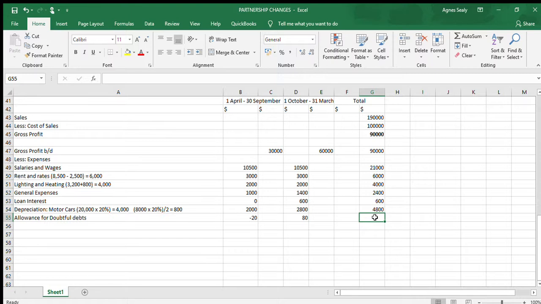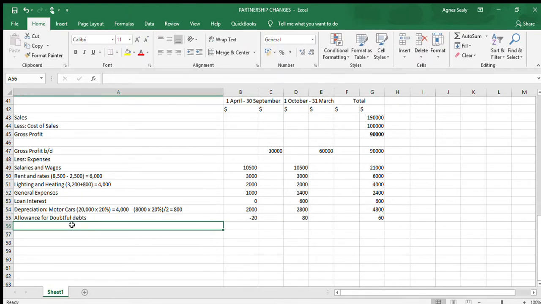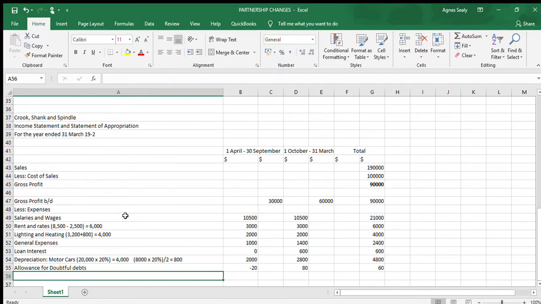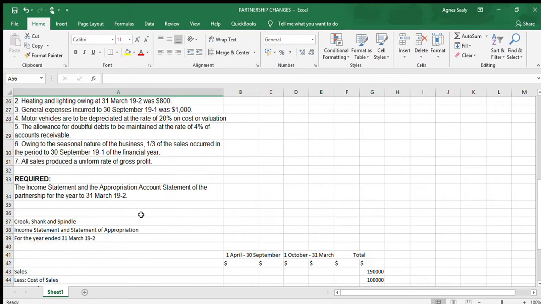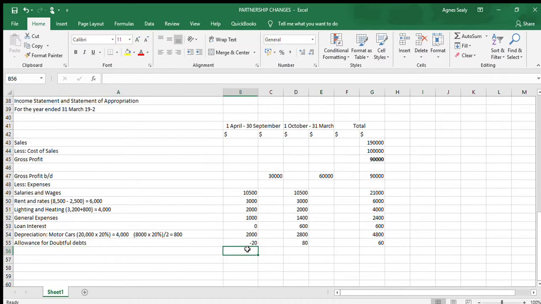So then the total allowance for the period is $60. Do we have any more expenses? No. So that's our last expense for the period. So now we can total our expenses.